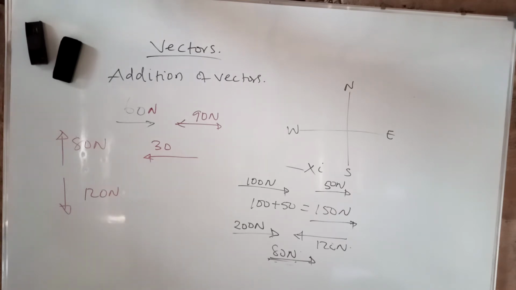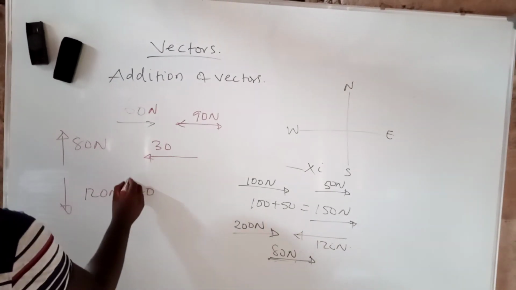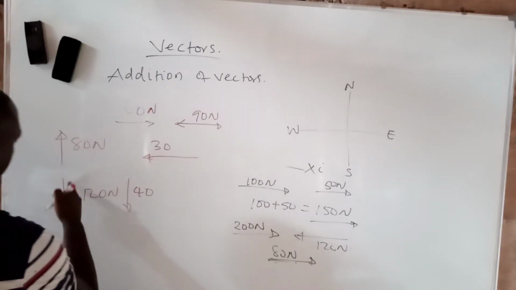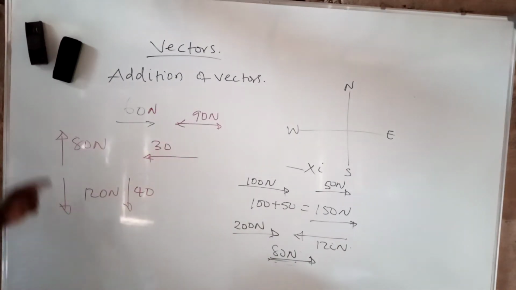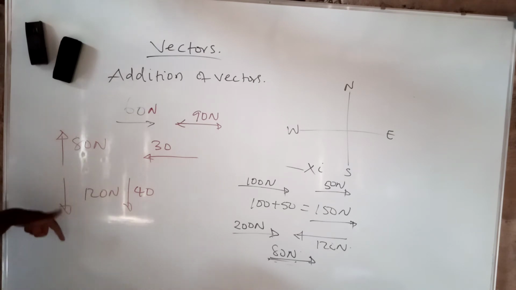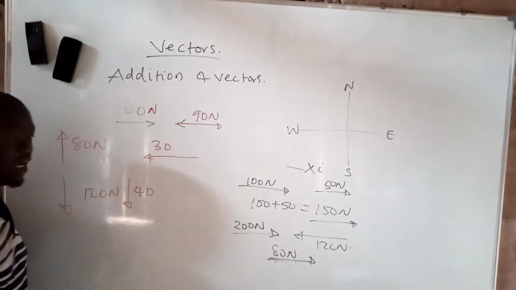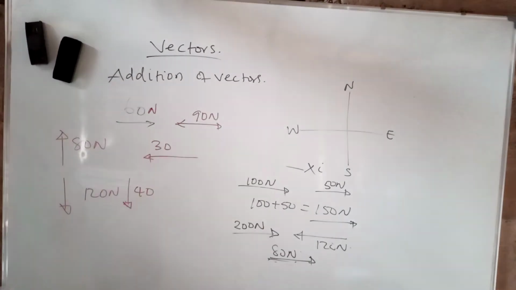So this will be 120 minus 80, which will give you 40 Newton. And it will be going towards the south. Why? Because 120 is greater than 80 Newton, and it's moving towards the south. So the direction of your vector will be towards the south. Are you guys with me? Good.